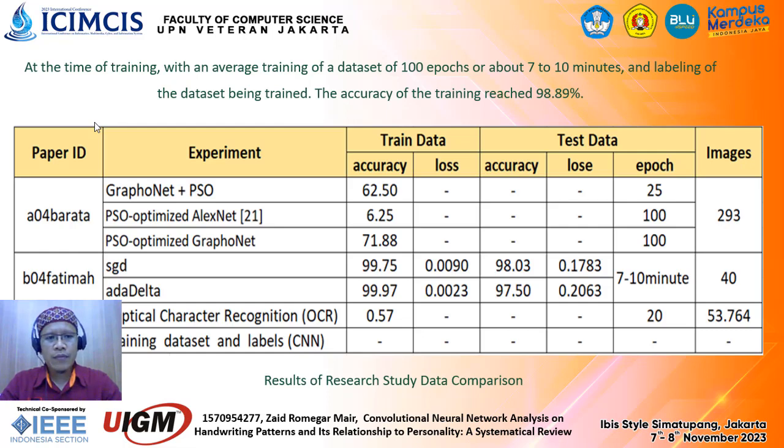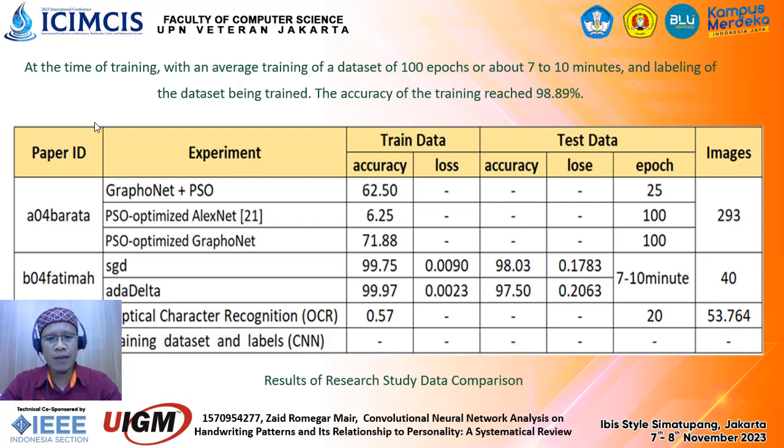And then at the time of training, with an average training of 100 epochs, or about 7 to 10 minutes, the epochs were run for each experiment from the literature review, and labeling of the data set being trained. Accuracy of the training reached 98.89%. The papers in the literature review are Barata, Fatimah, Mulyanto, and Lemos.